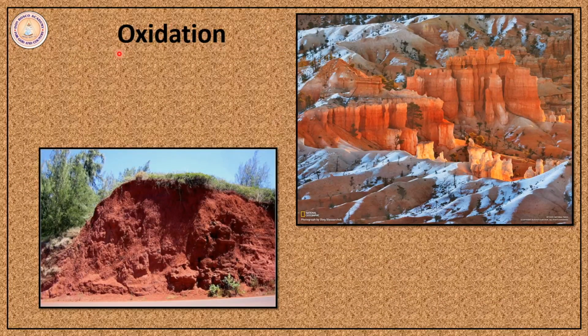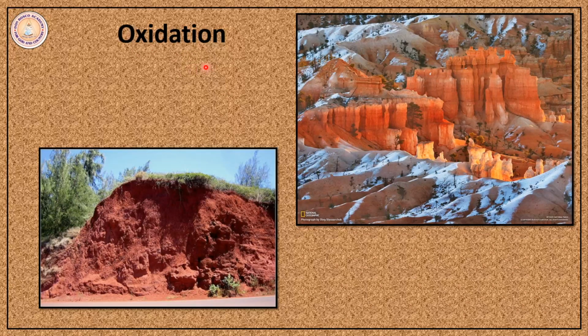Now, oxidation. This is another process or way of weathering, and it also involves chemicals. So let's see how. Certain minerals present in the rocks absorb oxygen from the atmosphere.